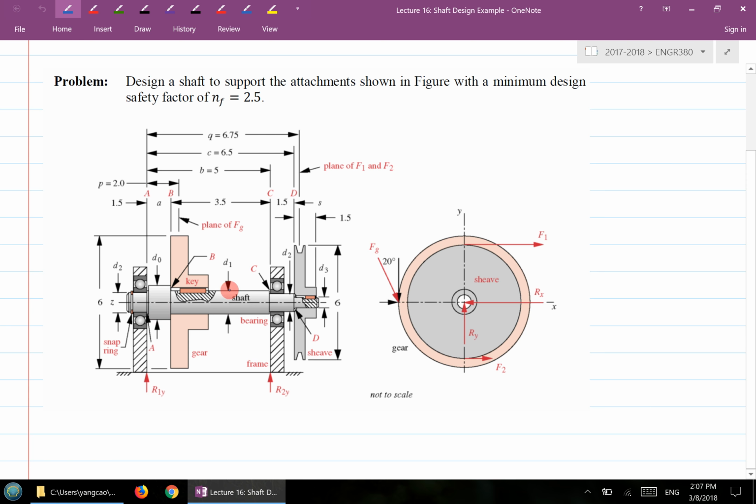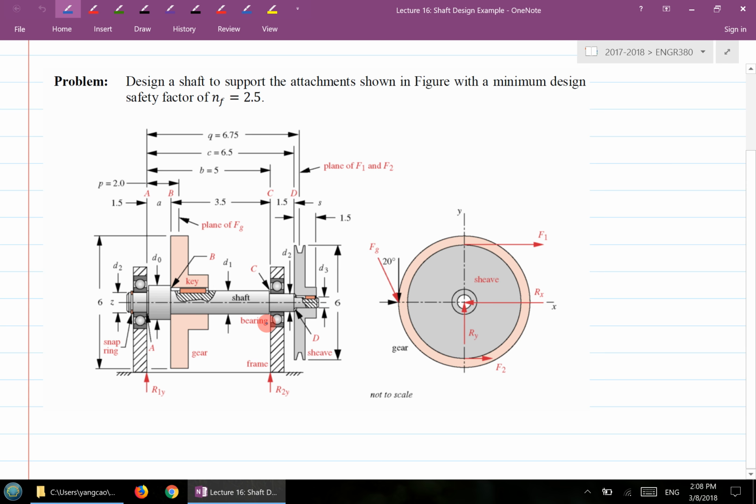What's given is you already have the layout. Wherever you have a bearing, shoulder, key, snap ring, or case, these are already laid out. The lengths are also laid out here too. The only thing you don't know at this stage is the diameter. What will be the diameter for each section of the shaft, that's what we need to decide.